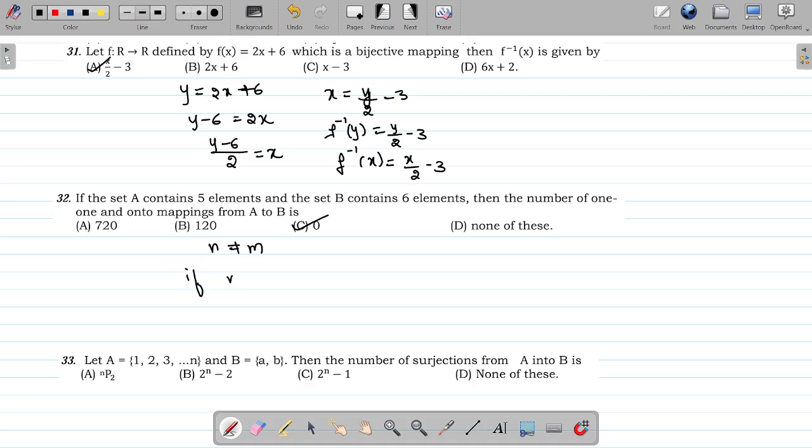If n is equal to m, then the number of 1-1 and onto functions is n factorial, or m factorial since both are equal. That is the key point you have to remember.